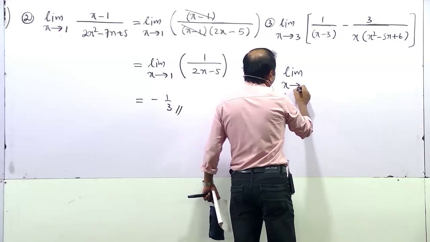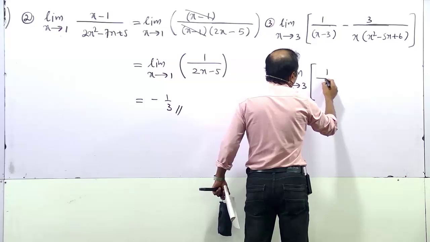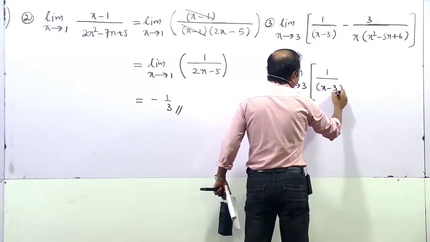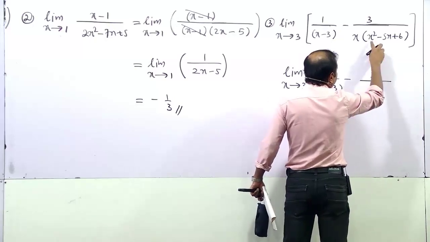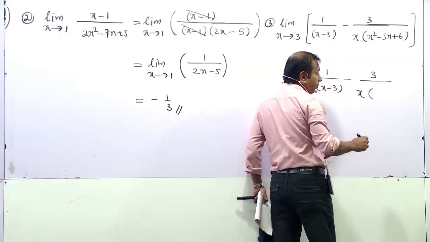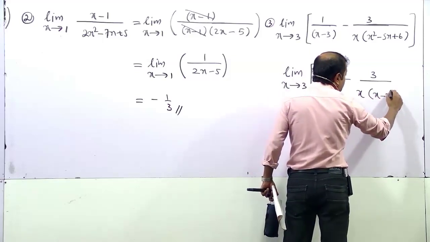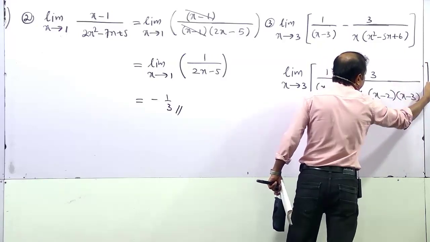Limit x going to 3, 1 over x minus 3, and you can factorize this: x squared minus 5x plus 6, I can write x minus 2, x minus 3, no? This way you can factorize that.